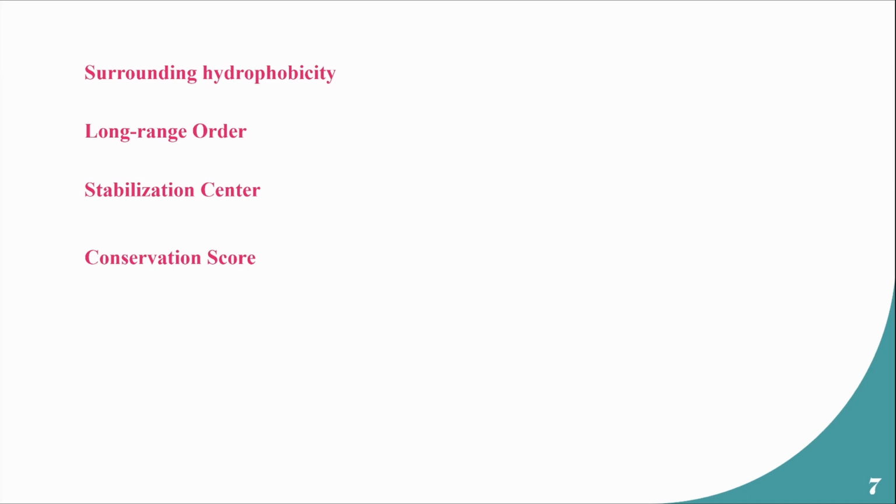Since they are so far apart in the sequence, we can say that they are forming long range contact, right? And Professor Gromiha has introduced the formula for calculating the long range order, which will be something like this. Long range order equals the summation of nij divided by n.